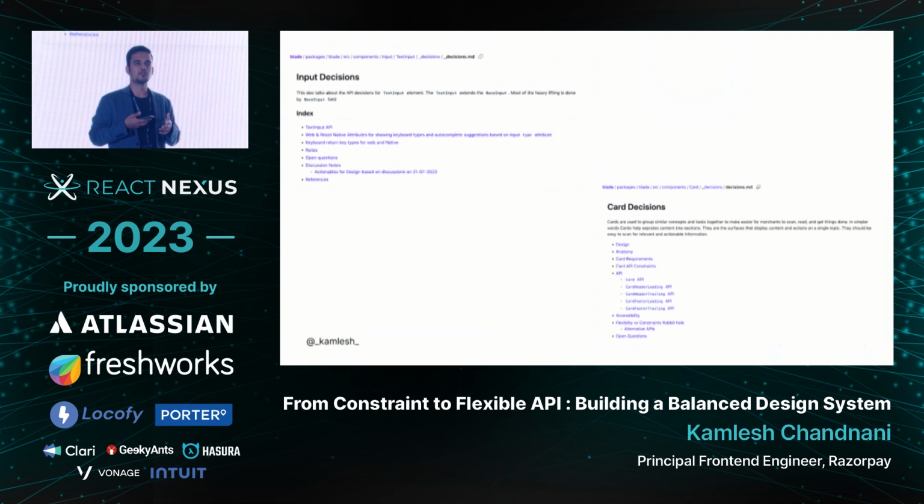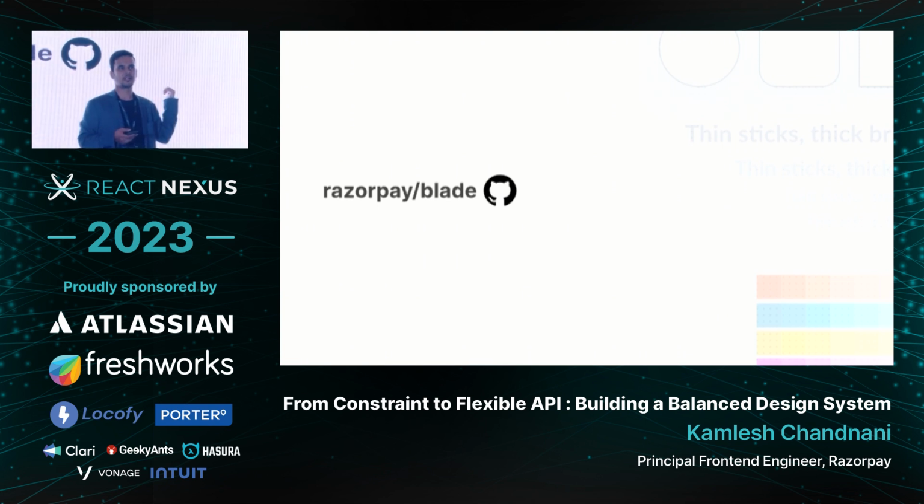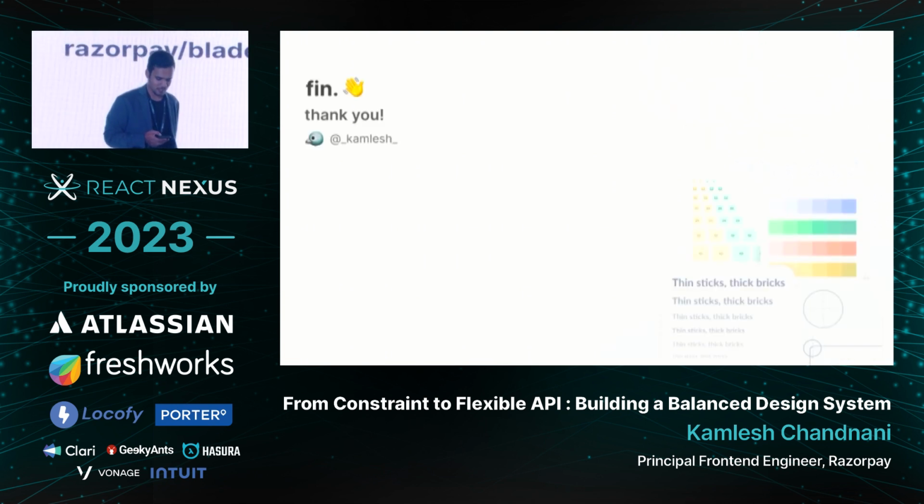We roll it out to all the consumer designers and consumer engineers, take feedback, collaborate, and then once this is frozen, only then we go ahead and start implementing. All of them are available on our repository. You can just go there and check out everything that I spoke about today.